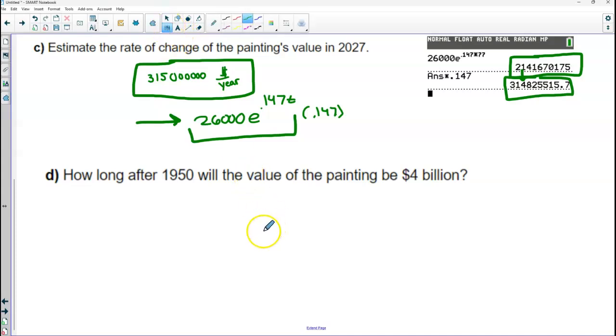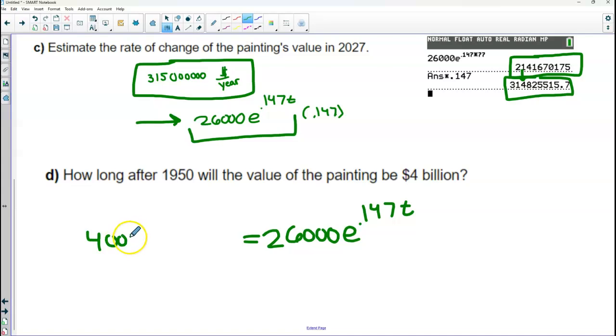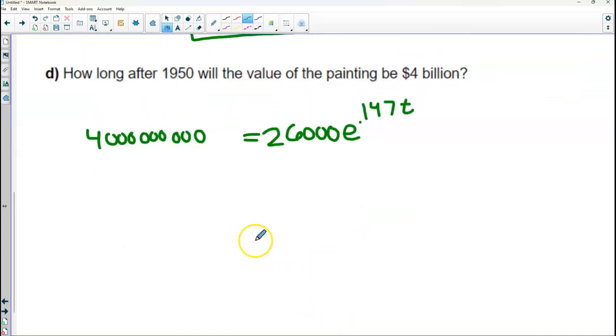And then the last question wants us to answer how long it's going to take this initial amount of 26,000 growing at 14.7% to reach 4 billion. So we got 9 zeros after this 4. So we would divide both sides. Let's get the ratio first. We'll divide both sides by 26,000.